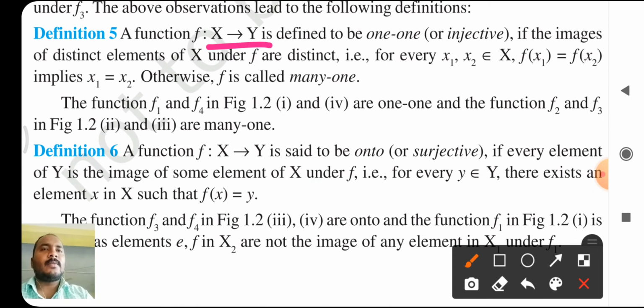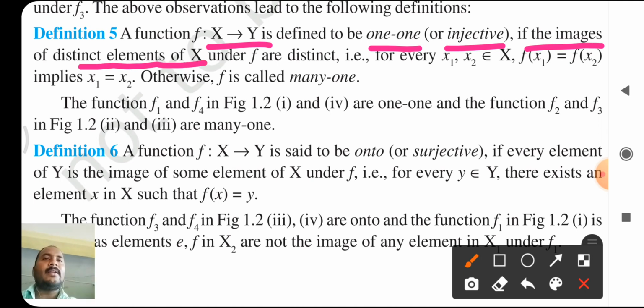f from X to Y is defined to be 1-1 or injective, injectivity or injection, if the images of distinct elements of X under f are distinct.